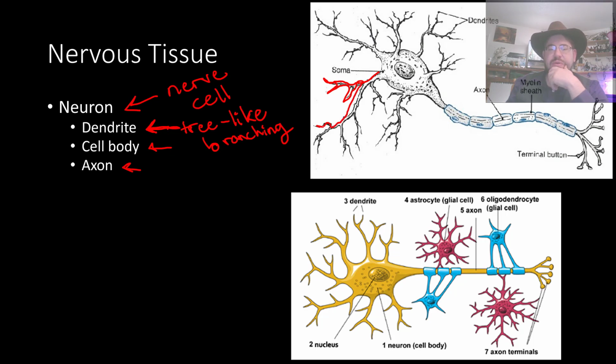So if you know anything about plants and trees, dendra is a prefix used when talking about trees. So because it has that tree branch-like appearance, they called it the dendrites. Anyway, so branching, tree-like branching.